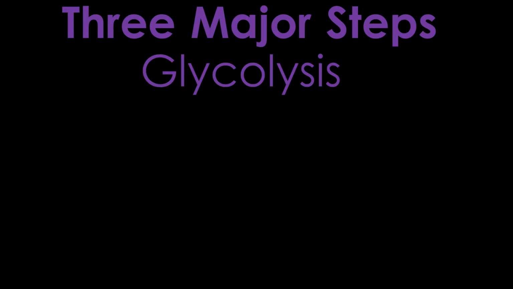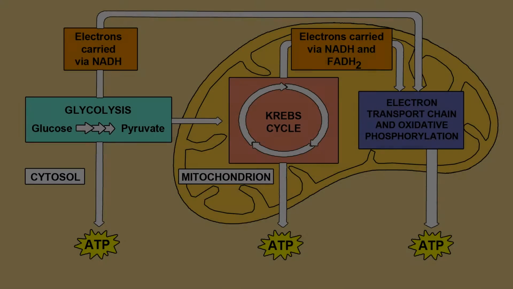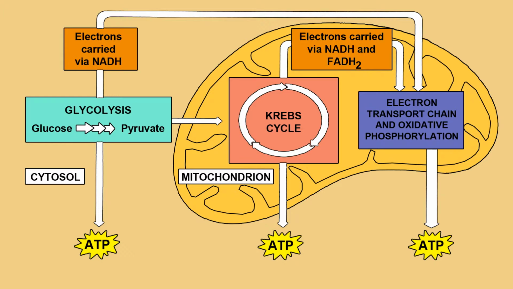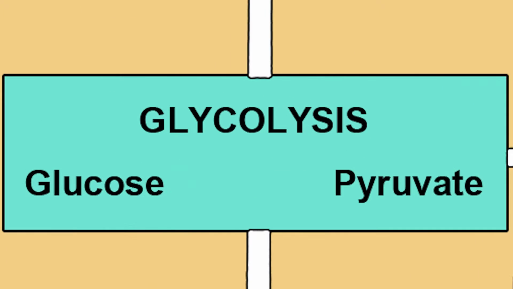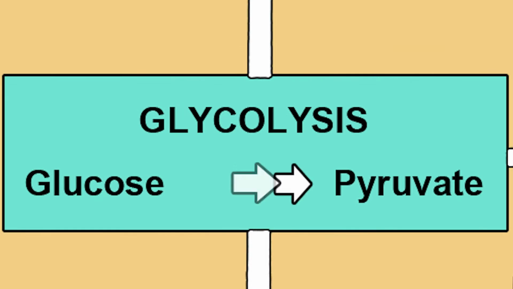Cellular respiration can be broken down into three major steps: glycolysis, Krebs cycle, and oxidative phosphorylation. This is a diagram that shows an overview of the process. Glycolysis, which takes place in the cytosol, breaks down glucose to pyruvate.